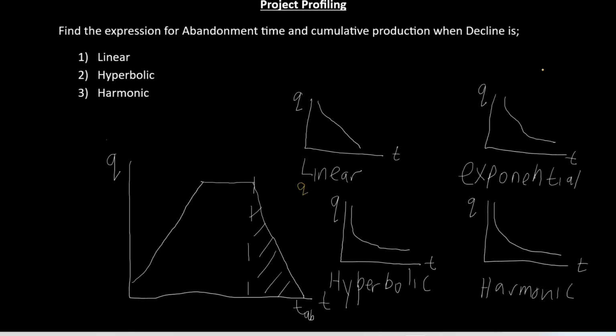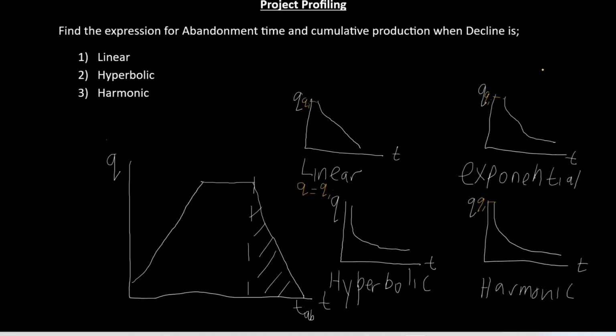Now, the expression for linear is given to us as Q equal to QI, where QI is the initial rate of production. So from our graph, it represents the beginning tip or the beginning point of our graph. This is what our QI is, this beginning point.